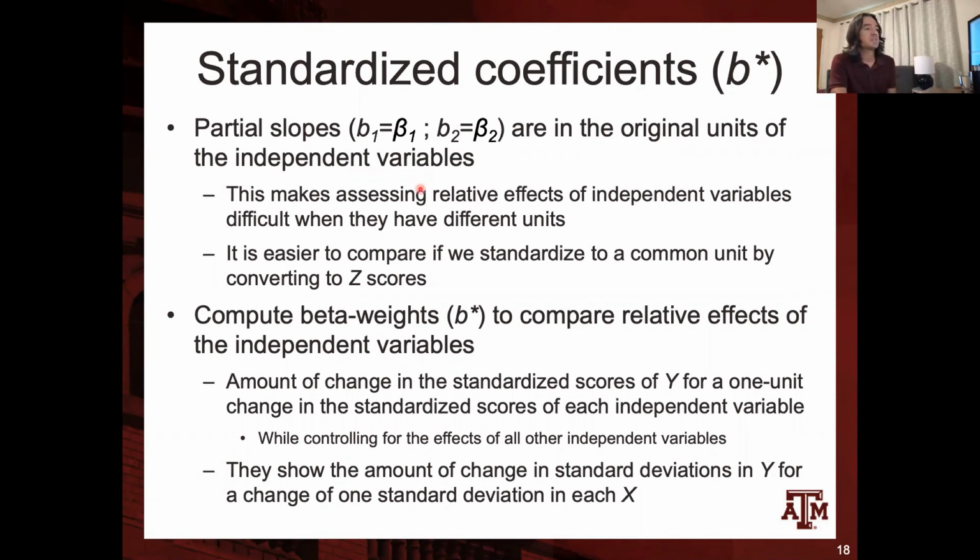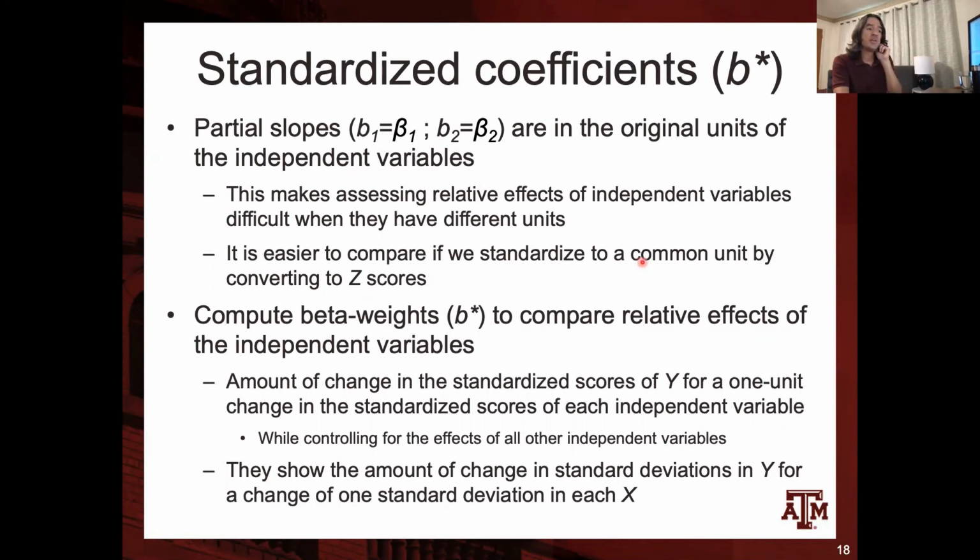So this makes assessing the relative effects of independent variables difficult when they have different units. In other words, which independent variable has the stronger effect on my dependent variable? The coefficients, beta 1 and beta 2, do not provide that good information because the two variables are in different units.